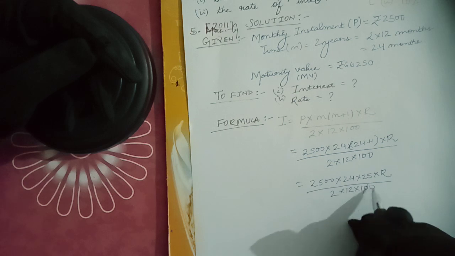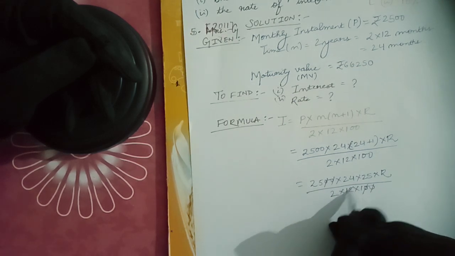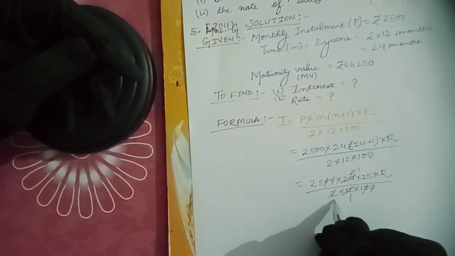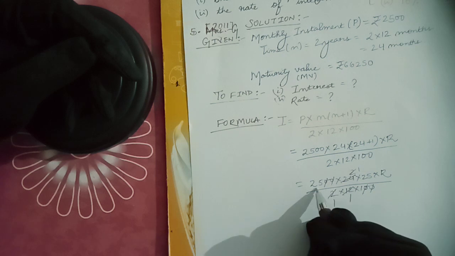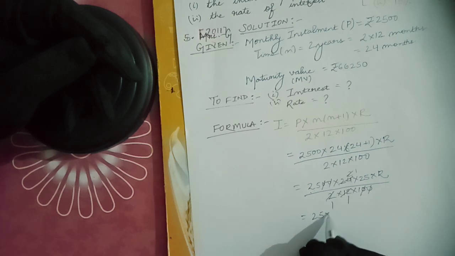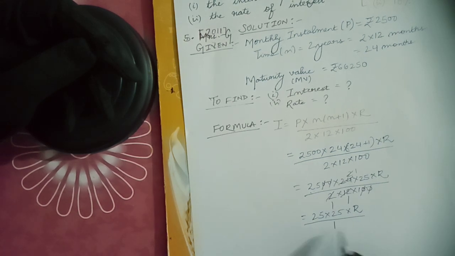As you can see, these 2 zeros would get cancelled, and 12 ones are 12, twos are 2, and 2 ones are 2. Clear? Now we are left with 25 into 25 in the numerator, 25 into 25 into R, and definitely we are left with only 1 in the denominator, 1 into 1 into 1 is 1.